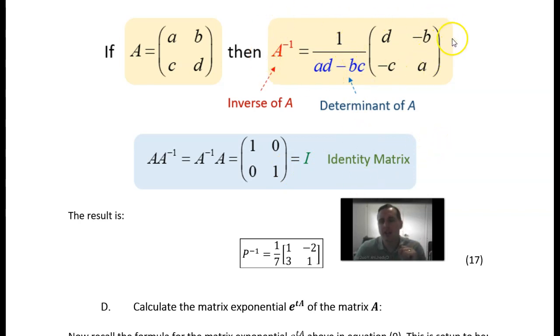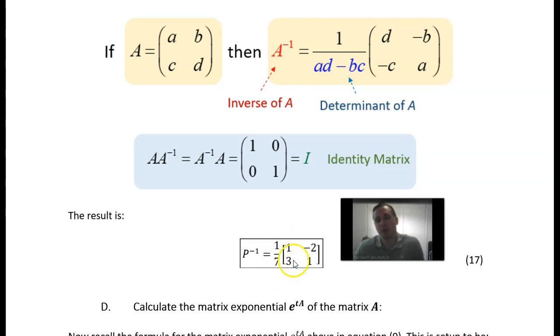So when you calculate this for the matrix P that we had above, we switch these entries, which just switch to 1, 1, and then we switch these entries and take opposites. So we have 1, -2, and 3, 1, and the determinant of that matrix is 7, so 1 over 7 goes out front.